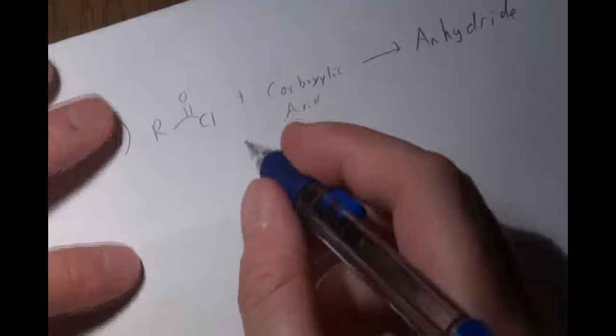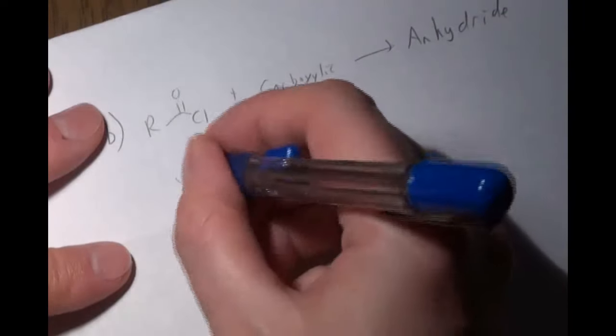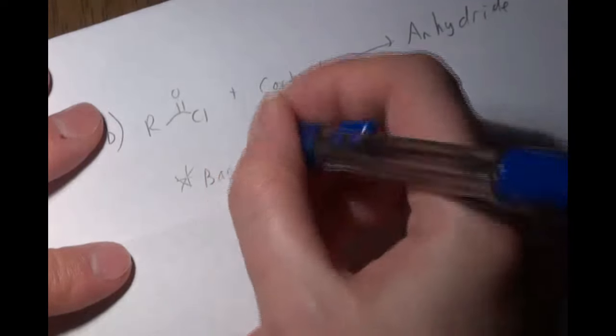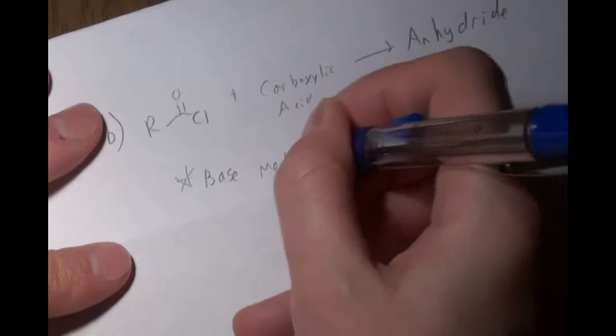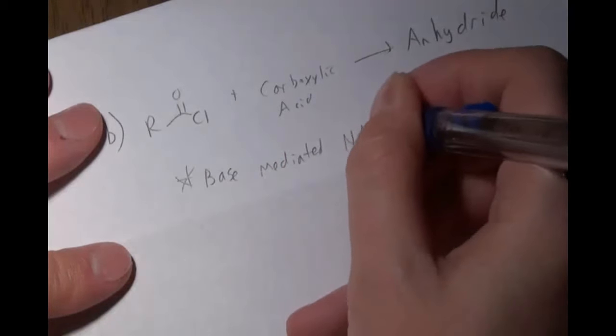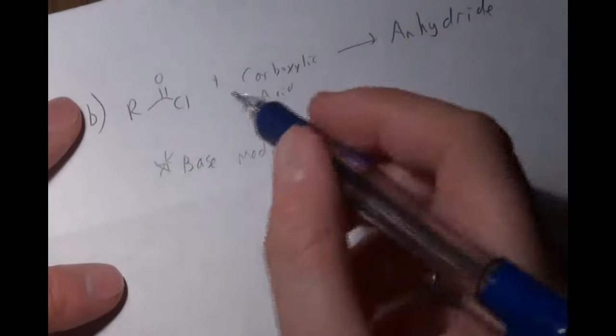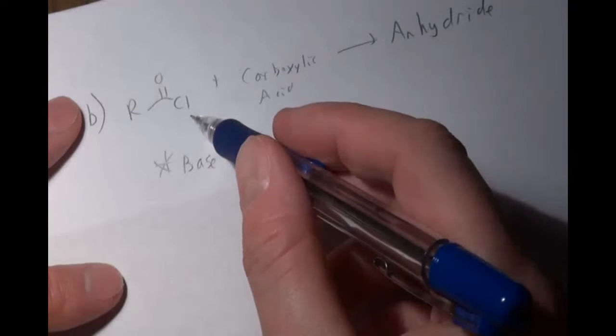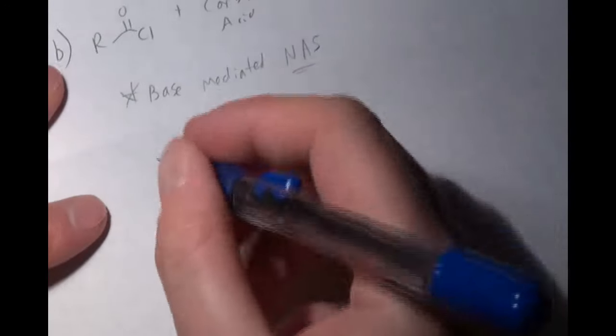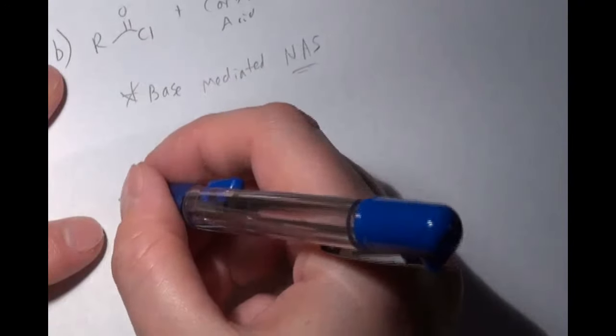This reaction goes really well. So this will be a base-mediated NAS reaction. Almost all of the reactions of acid chlorides will be base-mediated NAS. So it's really easy. Let's envision this.